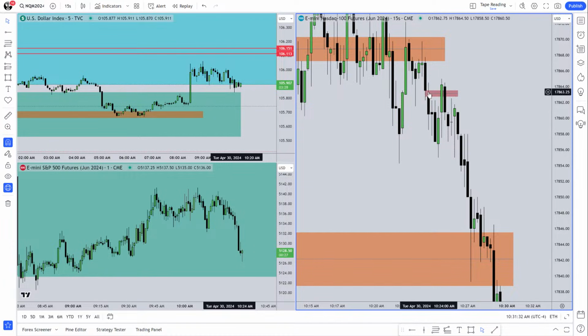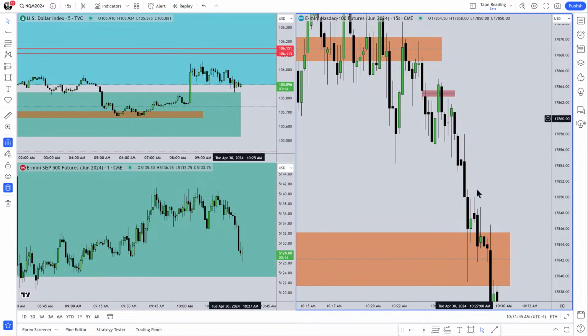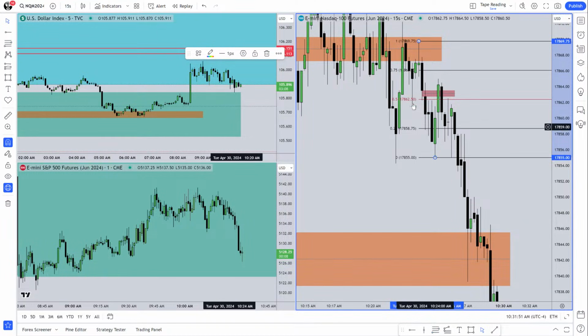But this volume imbalance from this high down to, now remember, this is a 15-second candlestick chart. So every one of these candlesticks represents a 15-second interval, which is extremely fast. So if we look at that range from here to here, we're at equilibrium. Above it is what?